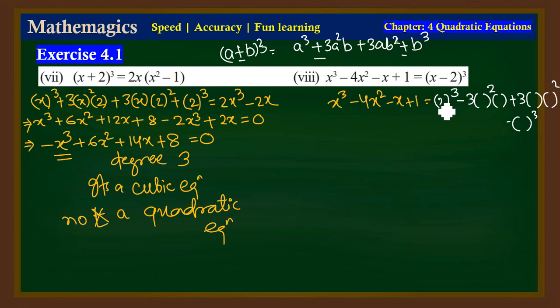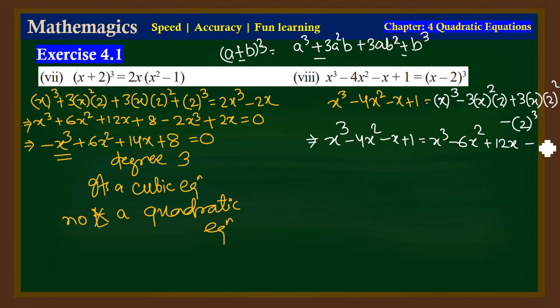Now the next part is x cube minus 4x square minus x plus 1 is equal to x cube minus 3 times 2, that is minus 6, and x square. Then 2 square becomes 4, 4 times 3 is plus 12x, minus 2 cube becomes 8.